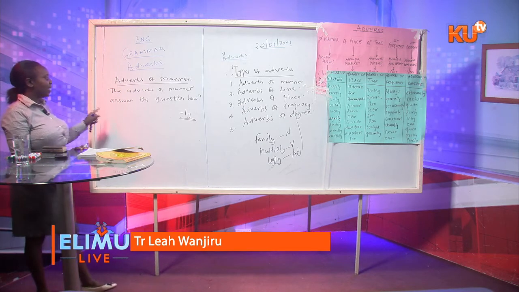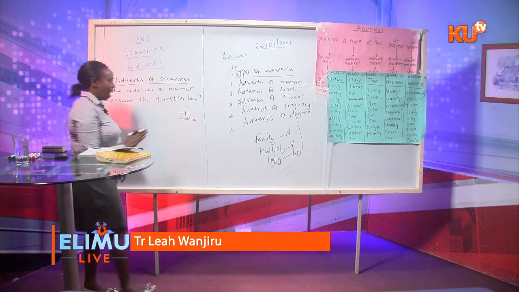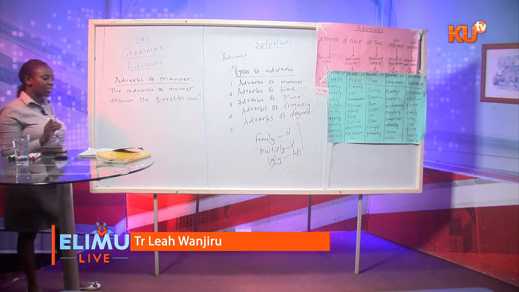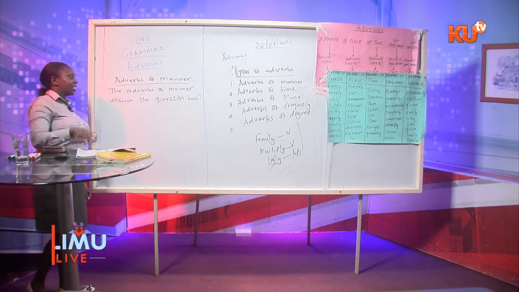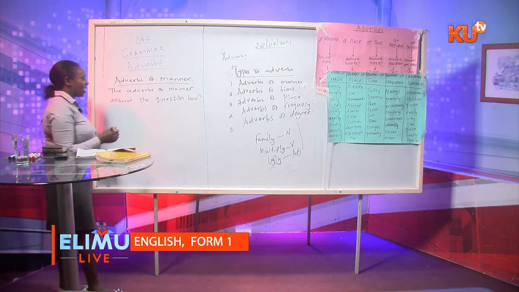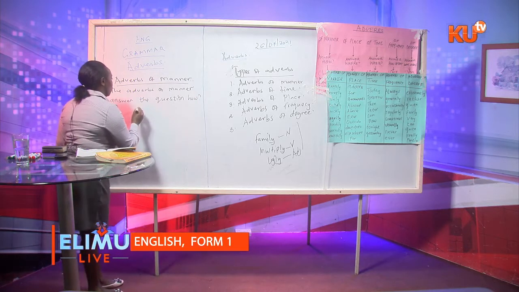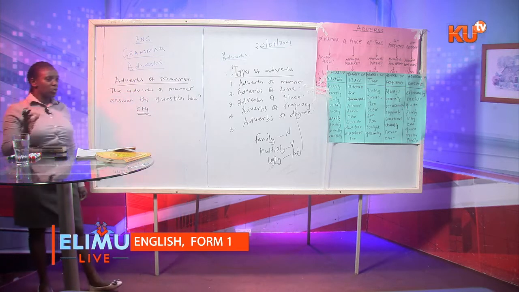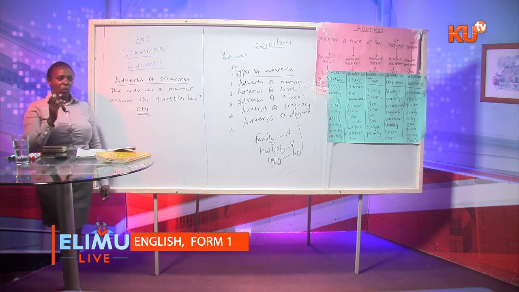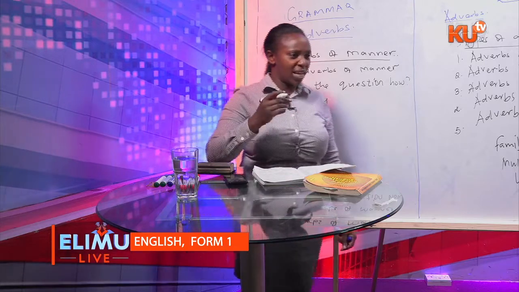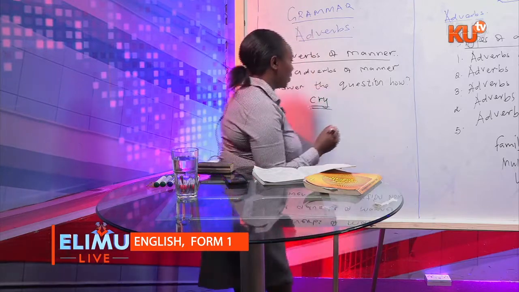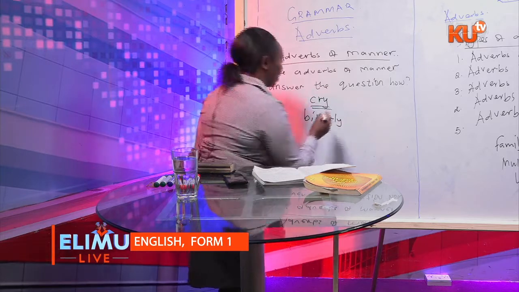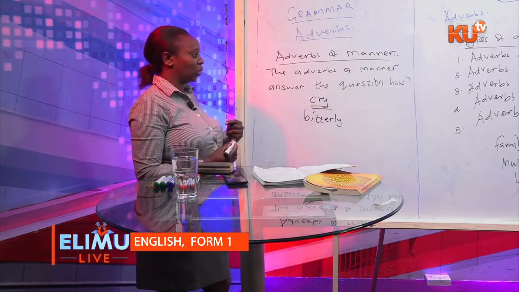I've said that they answer the question how, so therefore they tell us how an action was done. In this, I can try by giving one verb, cry. I can use several words to describe or to say how a person cried. A person can cry bitterly, telling us the manner in which the person cried.